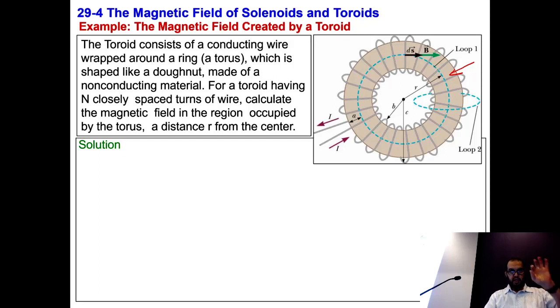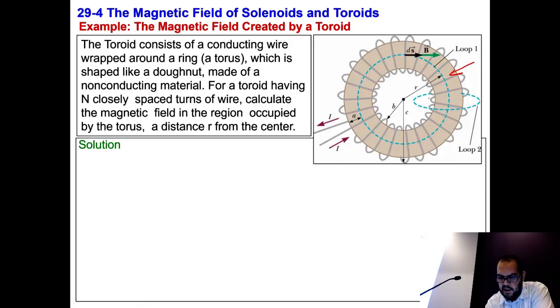The core of the toroid is usually made out of a non-conducting material, like wood or plastic. For a toroid having closely spaced turns of wire, the number of turns being capital N, calculate the magnetic field in the region occupied by the torus, a distance r from the center.